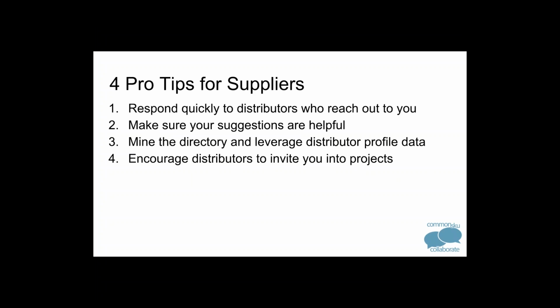So here are the 4 things that we've really thought about and would encourage people to use when they're on the platform. Number 1, this is very obvious stuff. Respond quickly to distributors who reach out to you via commonsku Collaborate. You'll get an email notification with all the information in there, and what we ask is that you respond to them just like you would respond to a distributor that emails you looking for information.